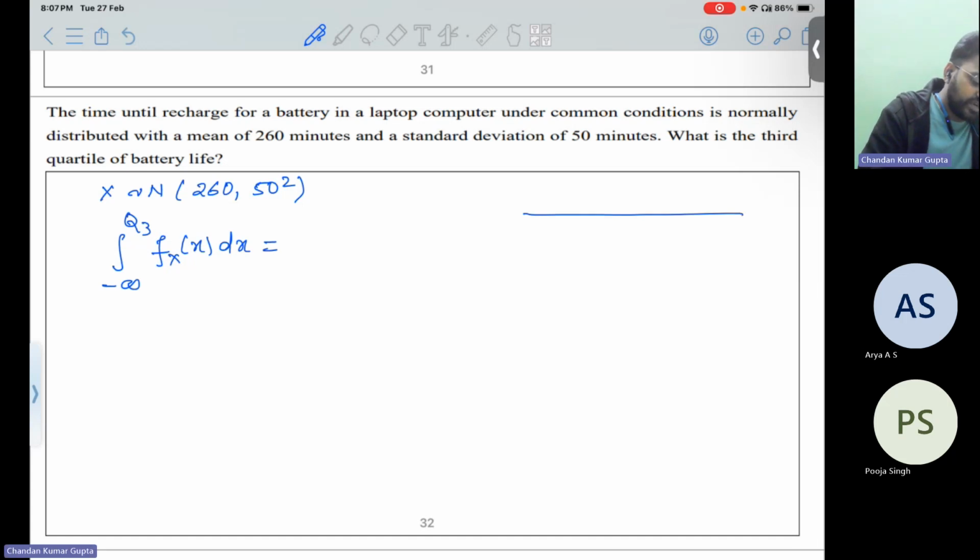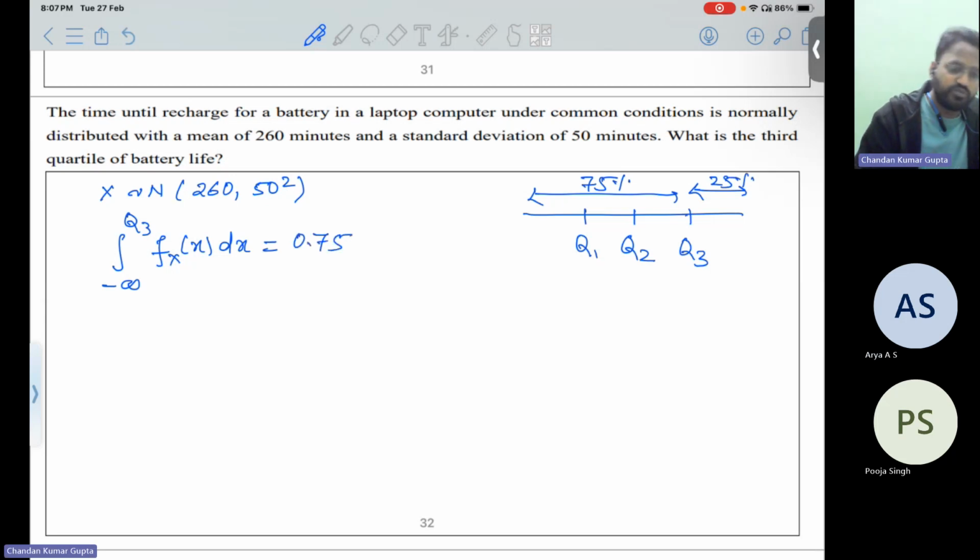Suppose it is the whole data. The median divides the whole data into 2 equal parts and the quartiles divide the whole data into 4 equal parts. There will be 3 quartiles: Q1, Q2, Q3. So Q3 means this side has 75% of data and this side has 25% of data. So that means it is 0.75. Simple. Now we will solve this.